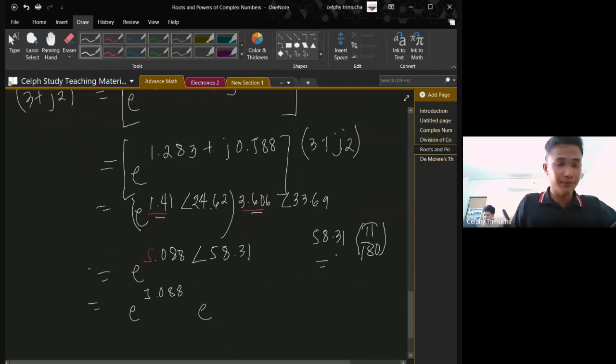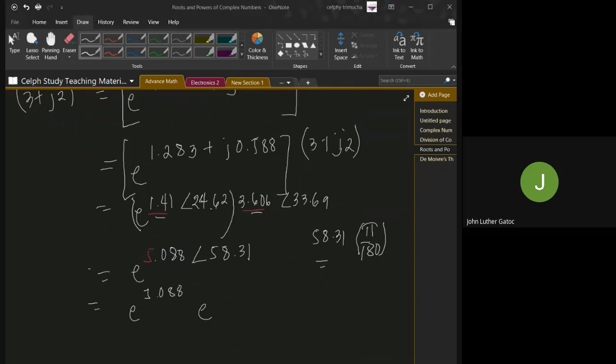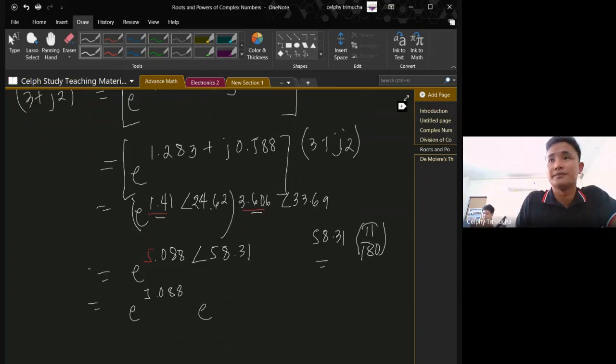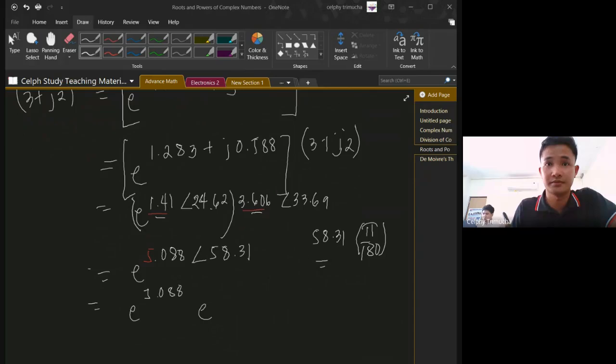Okay, so pila yung answer? 58.31 times pi over 180. 1.018.